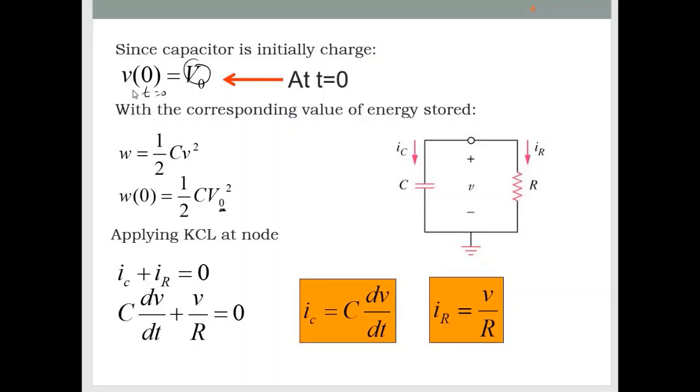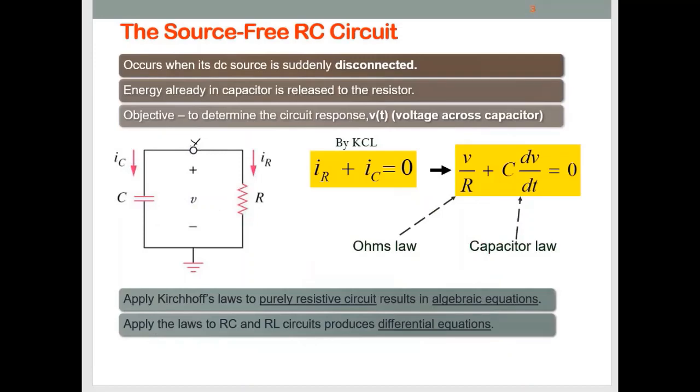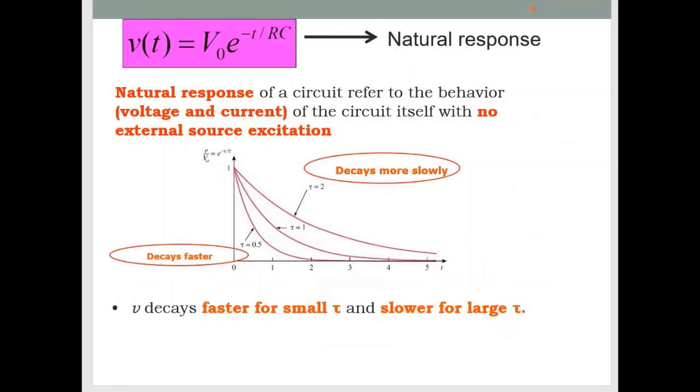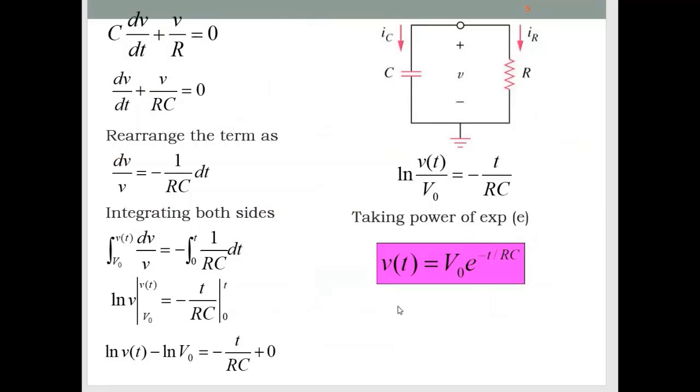So this actually replaces the initial voltage of the capacitor. Again, by applying KCL at the node here, we know that IC is C dV over dt and IR is V over R. Back to here, it's actually the same. This is just the derivation steps in order to get the final V(t).